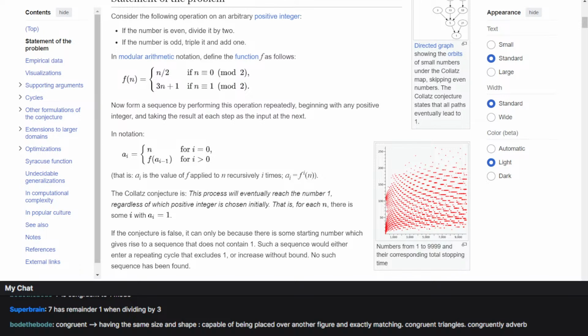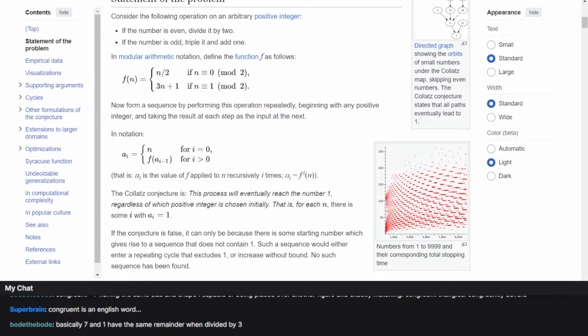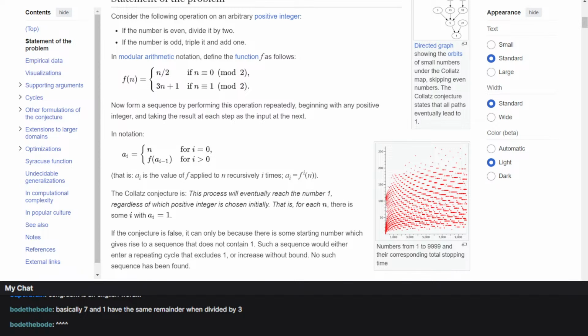Oh wait, let me look at yours. Corrupt says A, I guess congruent, whatever the hell, B mod C is the same as A mod C equals B. Superbrain says congruent is an English word. Yeah, but it's not how I use that word. I don't use it in the math way. Okay, English word, but not math term word.